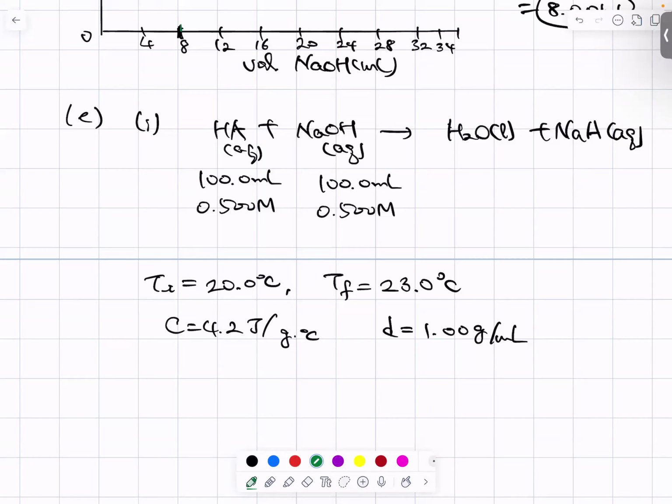The specific heat of pure water is 4.184 joules per gram Celsius, so this one is similar. The density is 1.00 grams per mL, the density of water. For a solution, density is usually slightly higher, like 1.03, 1.04 grams per milliliter, but for this exam, the authors wanted to simplify the situation, so they give the density of water.